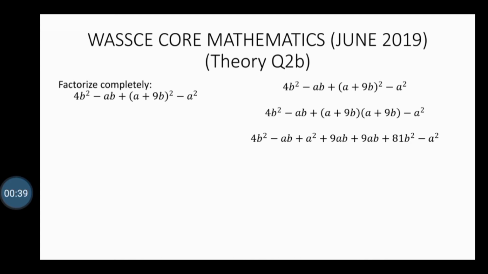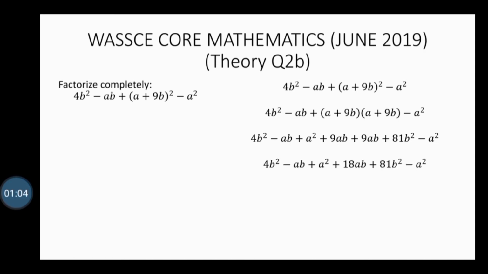Now when we expand that, we have 4b squared minus ab plus a times a will give us a squared, a times 9b will give us 9ab plus 9b times a will give us 9ab plus 9b times 9b will give us 81b squared minus a squared.